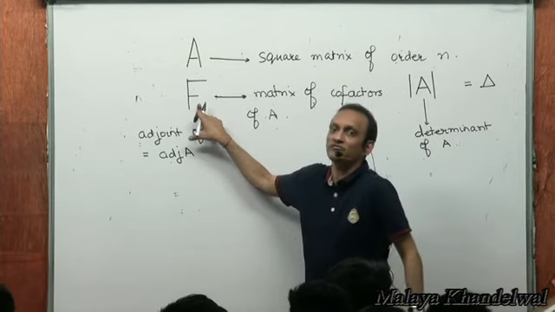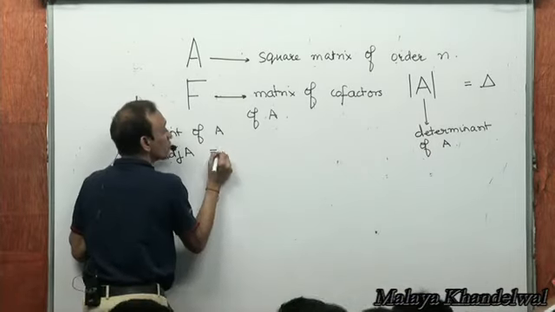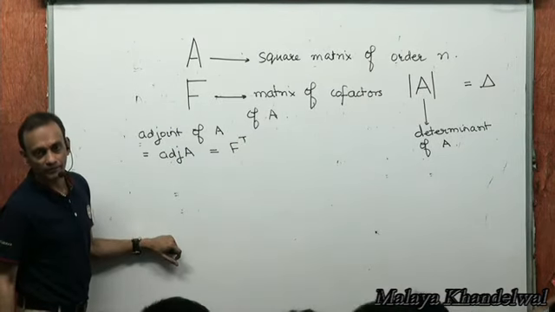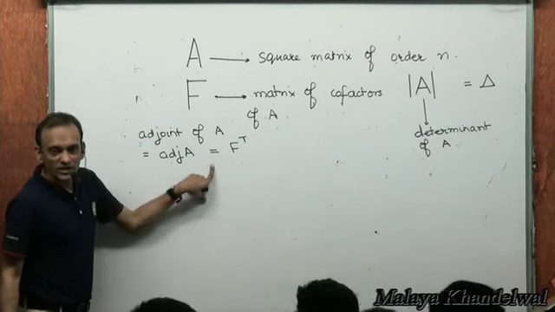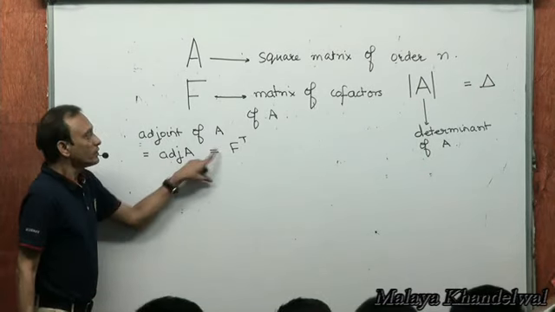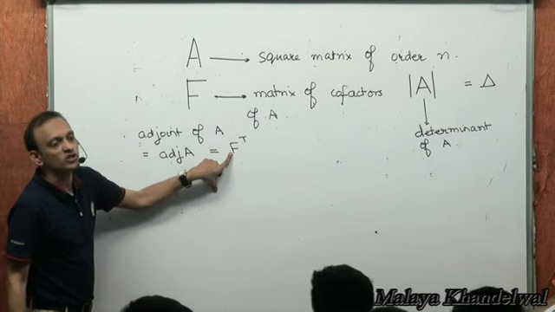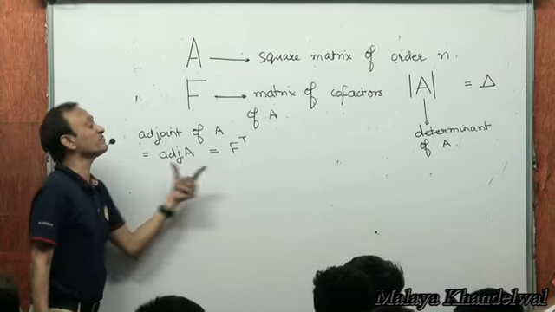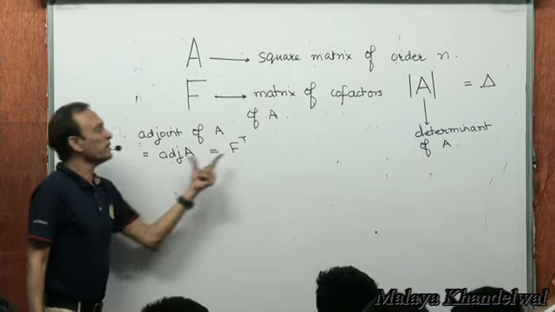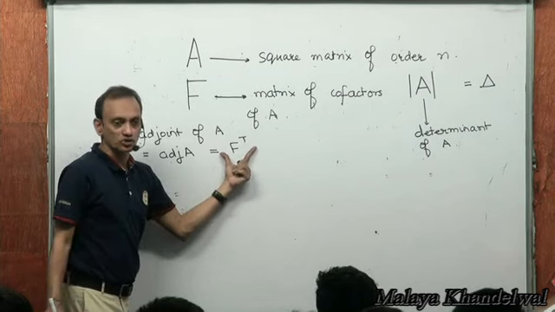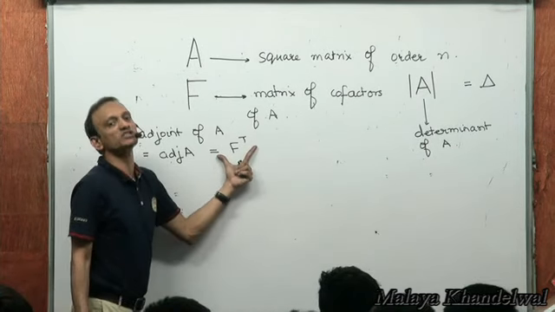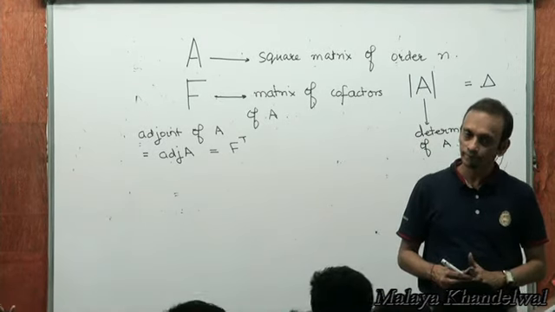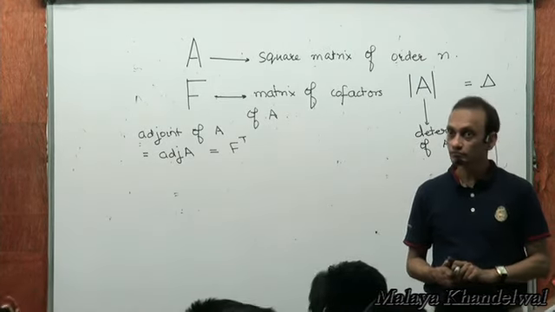It's defined as the transpose of F, the transpose of the cofactors of A. Constitute F, the matrix of cofactors of A, and transpose that matrix. Then this matrix is defined as the adjoint of A. Matrix of cofactors transposed, that's adjoint of A. That's the definition.